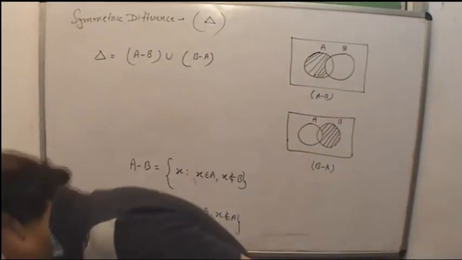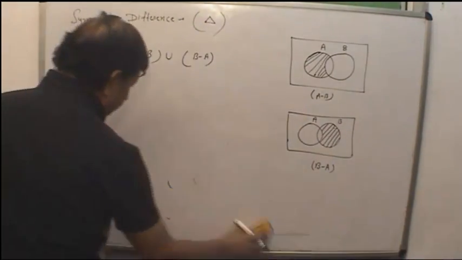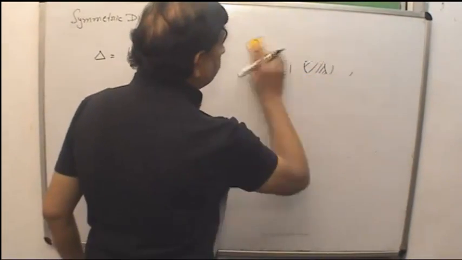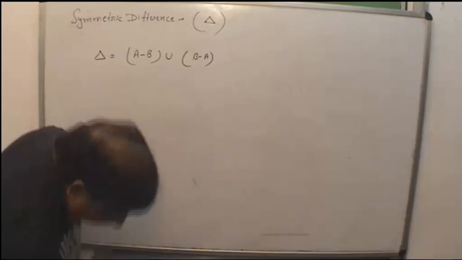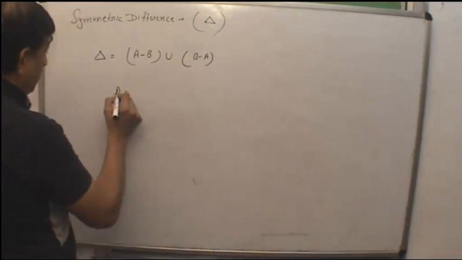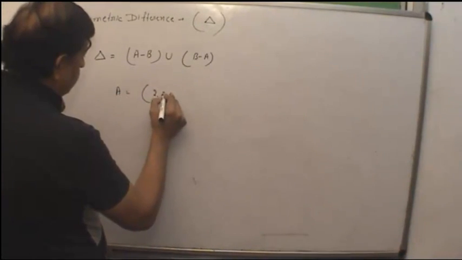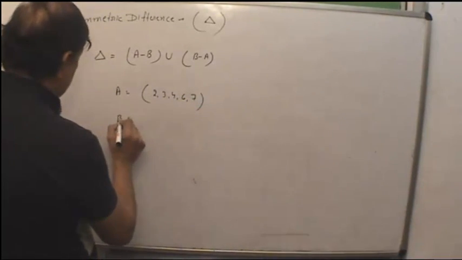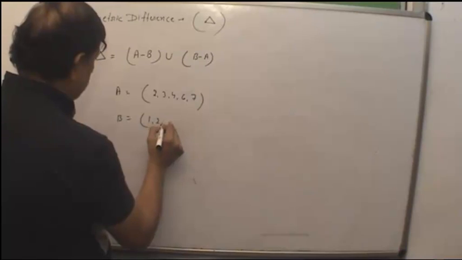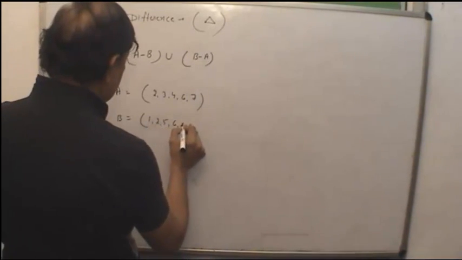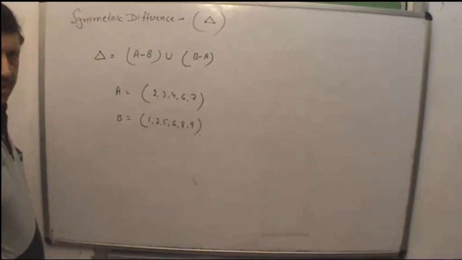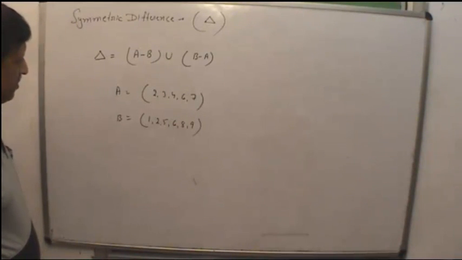Let us see with an example. Say A is equal to {2, 3, 4, 6, 7} and B is equal to {1, 2, 5, 6, 8, 9}. Here are the two sets we considered.